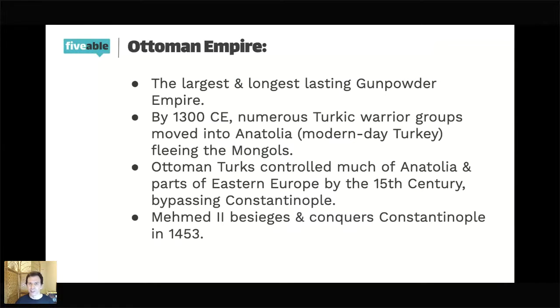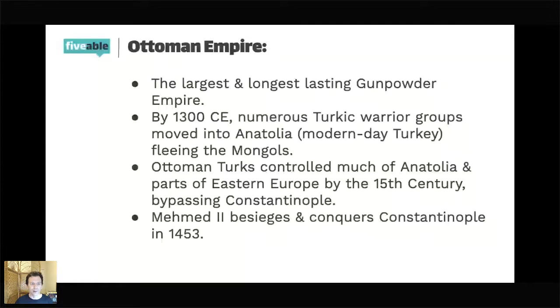So you can see cities in Turkey such as Istanbul, which was Constantinople, and today's capital, Ankara. If you're watching the news, you're watching how Turkey is actually invading into Syrian areas as we speak. But we'll keep going. The reason why these Turkic warrior groups fled into Anatolia is because they were fleeing the Mongols, who were hot on their tail.